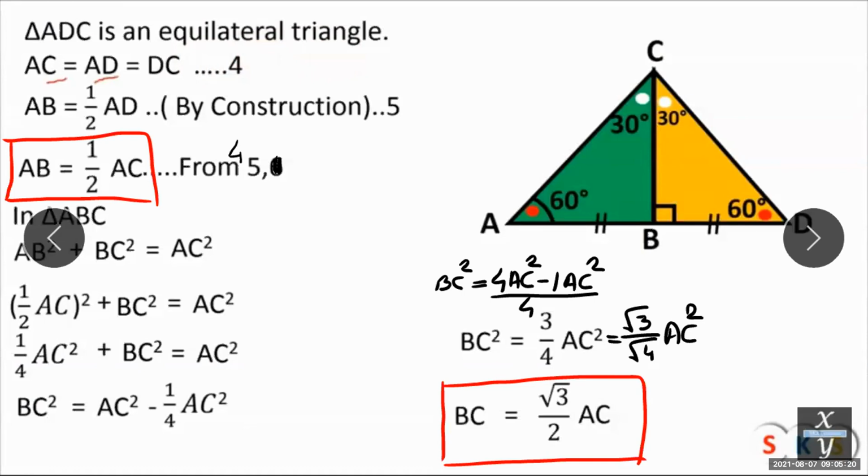So triangle ADC is an equilateral triangle. Because of that, I have written that AC equal to AD equal to DC. All the segments are equal to each other.